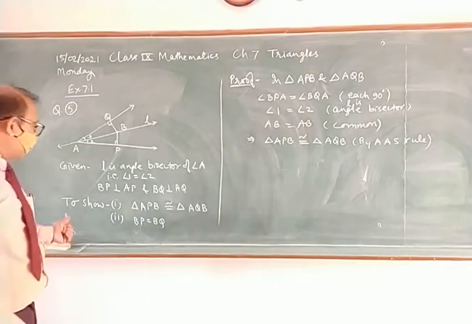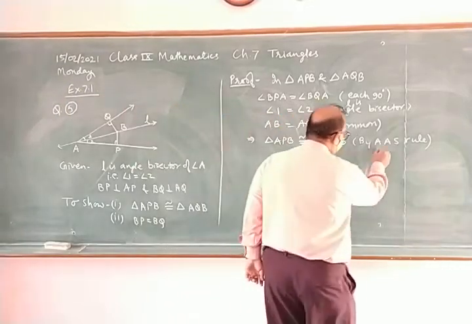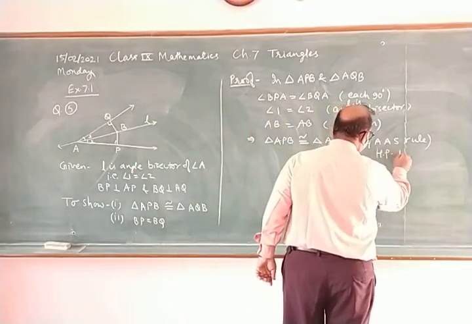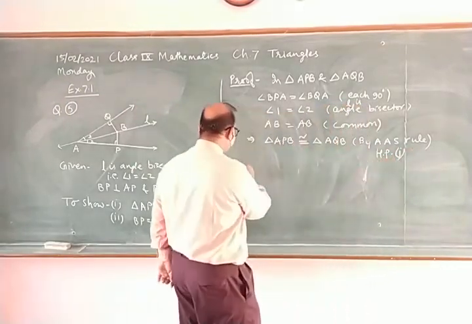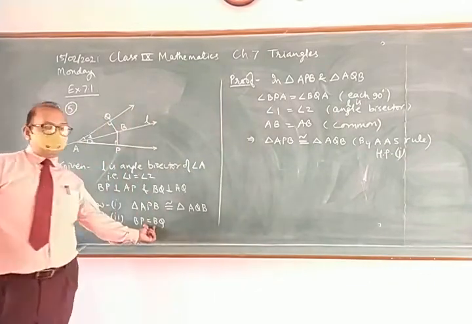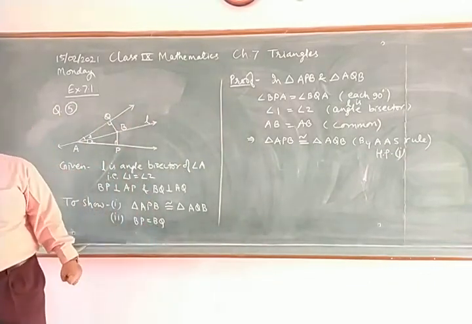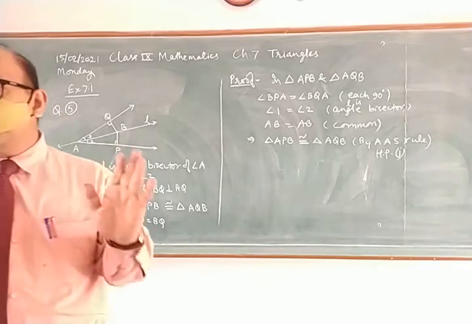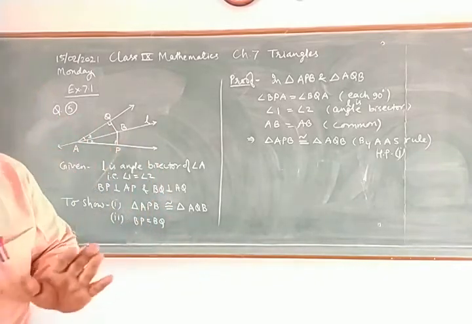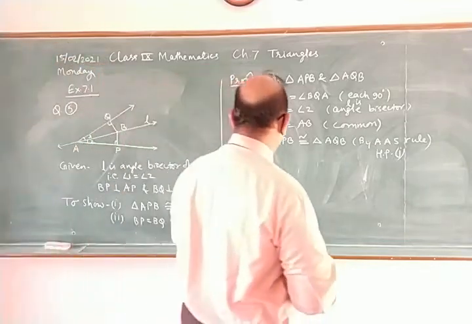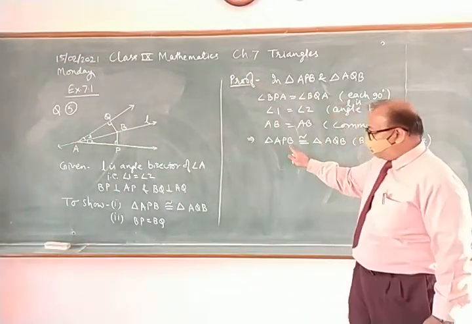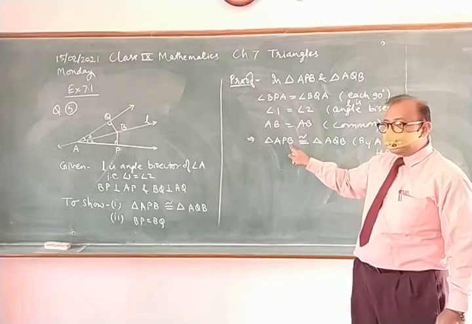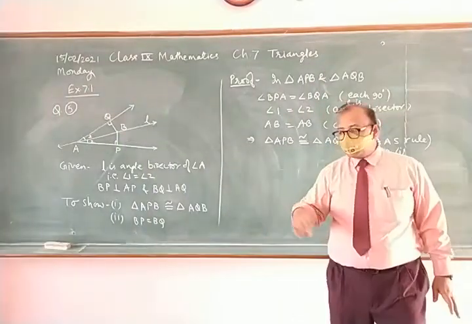Now, we have proved the first part. Now the second part: we have to prove that BP is equal to BQ. If the triangles are congruent, their corresponding parts are equal. So what is the corresponding side of BP?